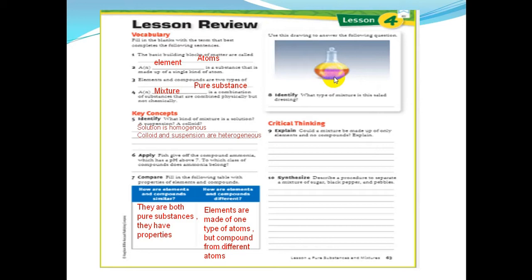So they are not mixed evenly, or this mixture doesn't have the same composition all over. So this is a heterogeneous mixture, a suspension, because the spices have large size, and that's why they settle out on the bottom.